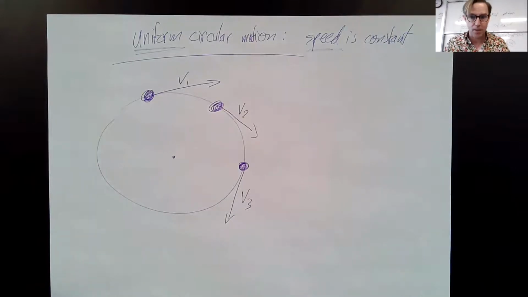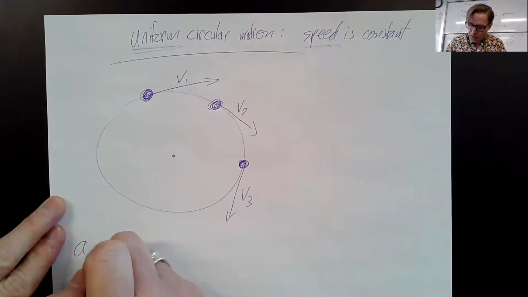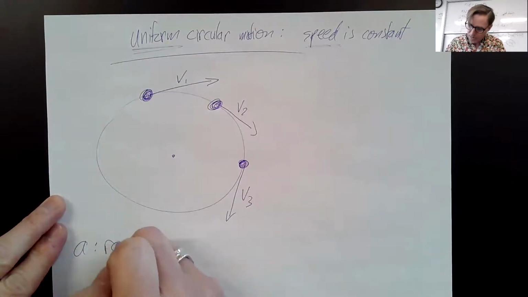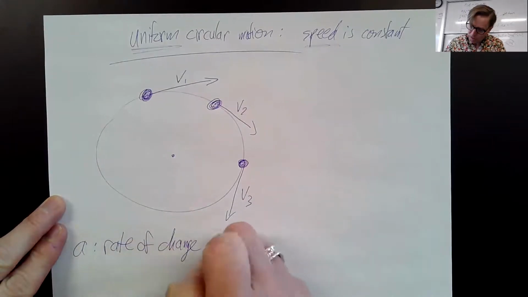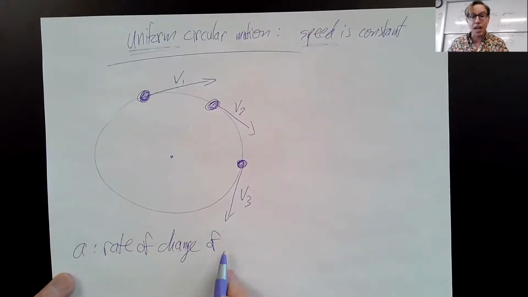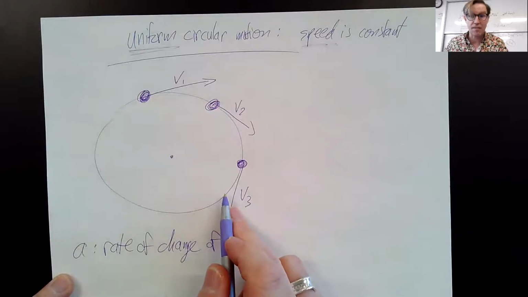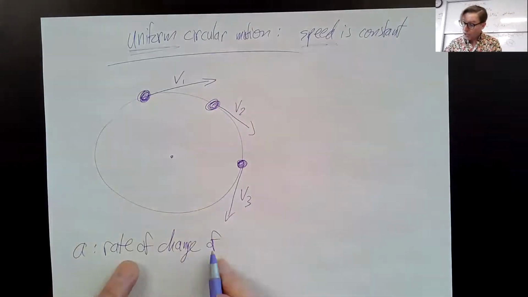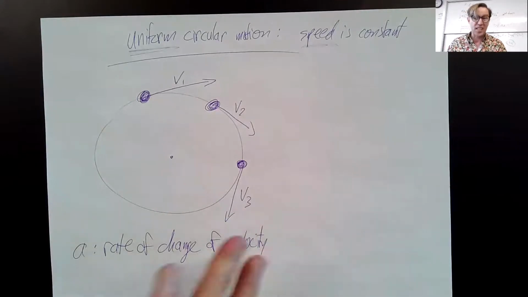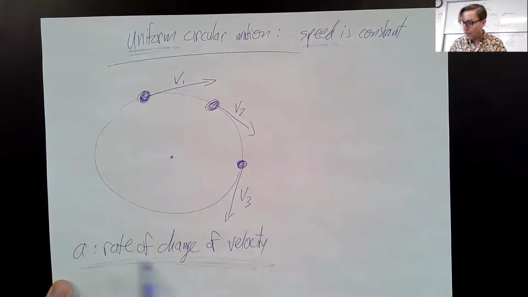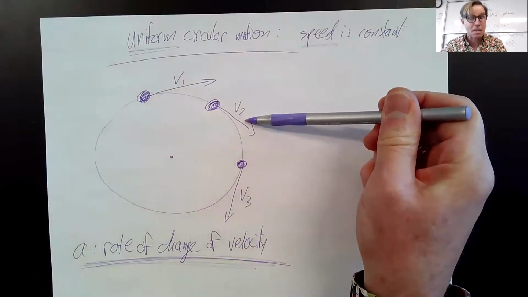That's going to be very important later on, because acceleration, how did we define that? Rate of change of velocity, not speed. What's the rate of change of speed? Zero. It's not speeding up, it's not slowing. But the rate of change of velocity, and again, this is for the next video, I'm going to talk a lot about the rate of change of velocity and how this velocity and this velocity are not the same.